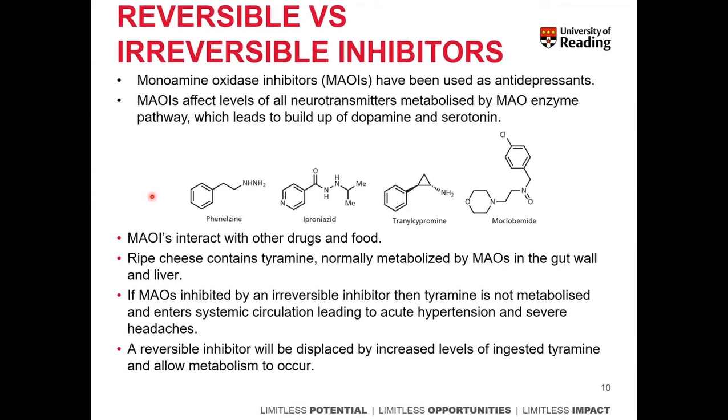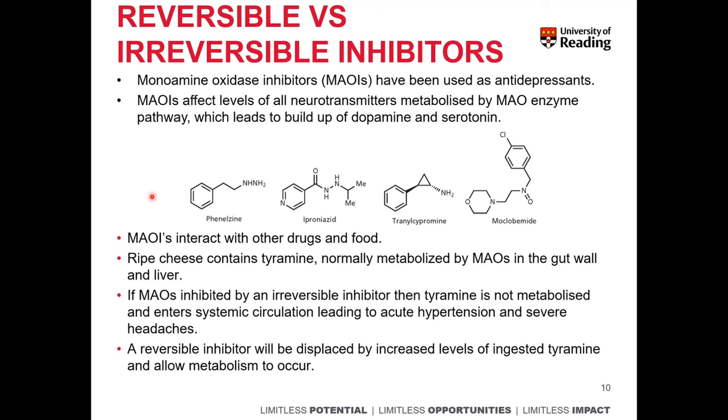Now, these inhibitors also interact with other drugs and with food. Now, ripe cheese contains a compound called tyramine. Now, tyramine is normally metabolized by monoamine oxidase in the wall of the gut and within the liver as well.